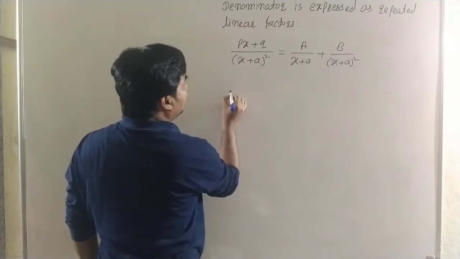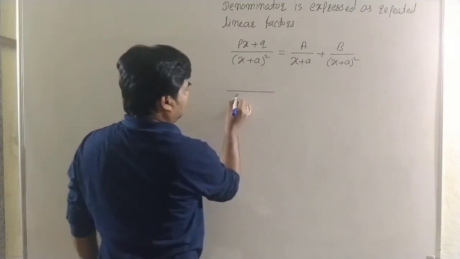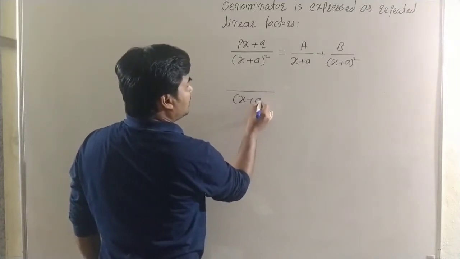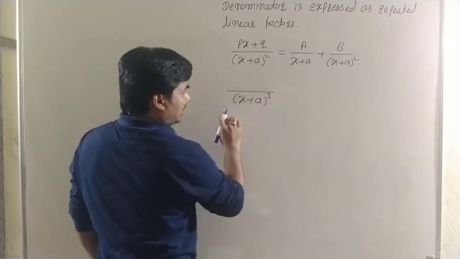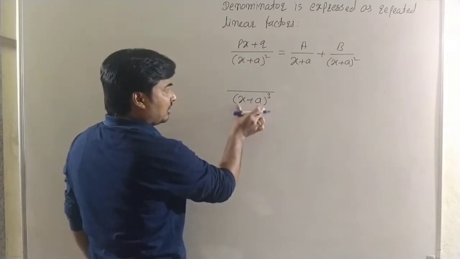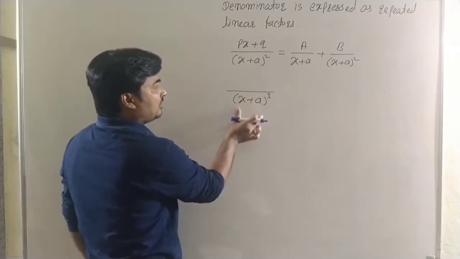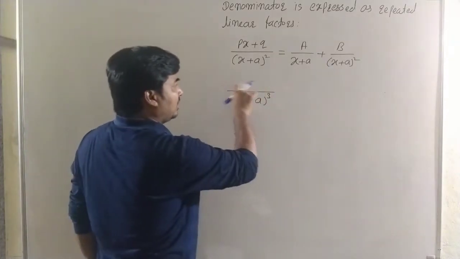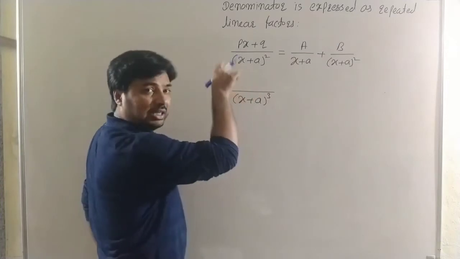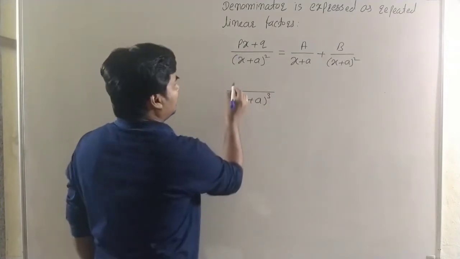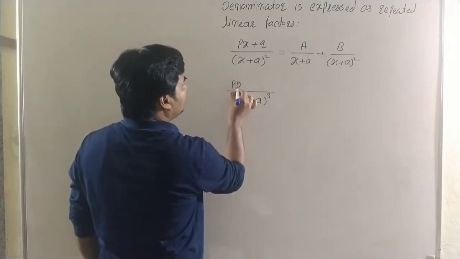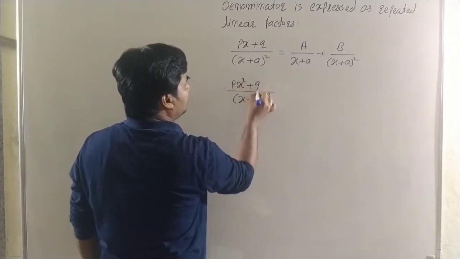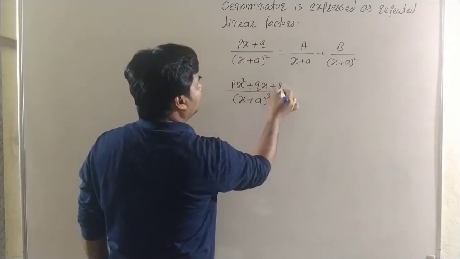If there are 3 linear factors, x plus a cube, there is a cubic expression in the denominator. For a proper rational function, the degree of the numerator is less than the degree of the denominator. So in the numerator there is a quadratic function, linear function or constant. We can write px square plus qx plus r.